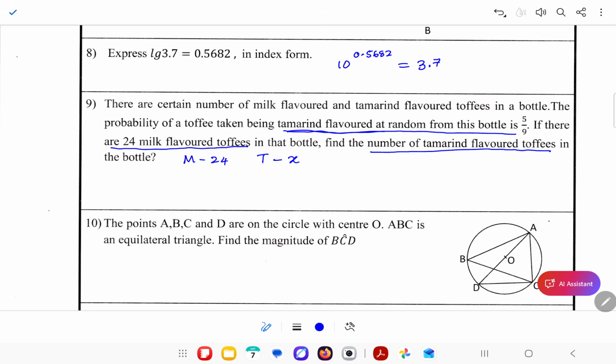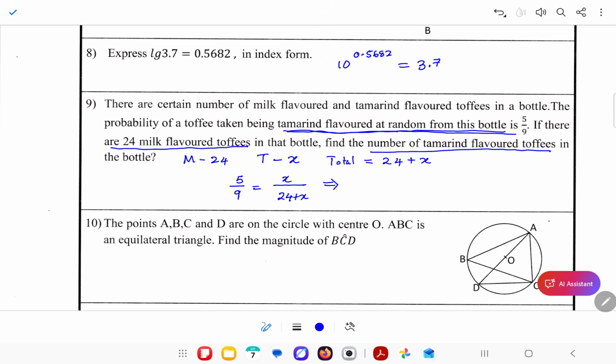And we have been given the probability of a toffee being tamarind, which is 5/9. So total toffees are milk plus tamarind, so 24 plus X. Then the given probability is for tamarind, so 5/9 is equal to X, the number of tamarind toffees, over the total number of toffees, 24 plus X. Now we have the equation, so solve this equation to get X.